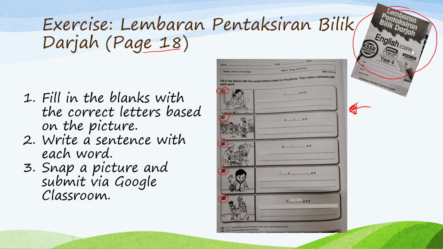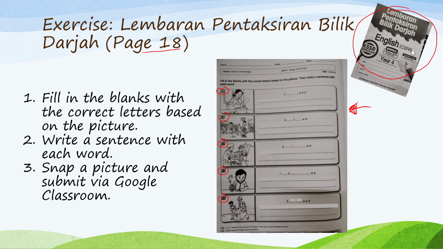Dan number 3, snap a picture and submit via Google Classroom. Tangkap gambar yang telah awak siapkan dan masukkan ke dalam Google Classroom. Mudah kan? Okay, sebelum itu, mari kita bincangkan yang pertama dulu.